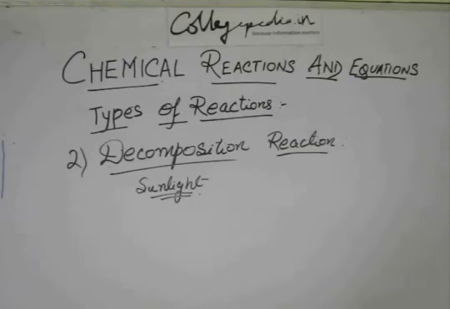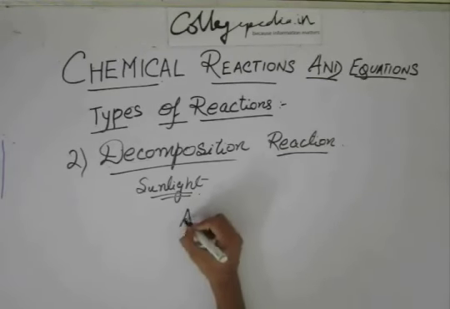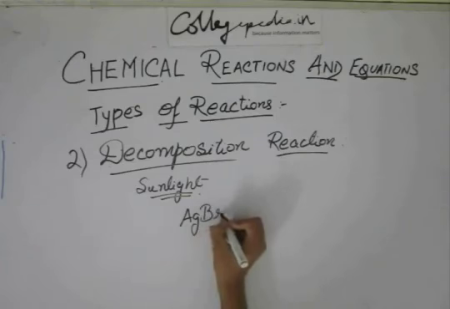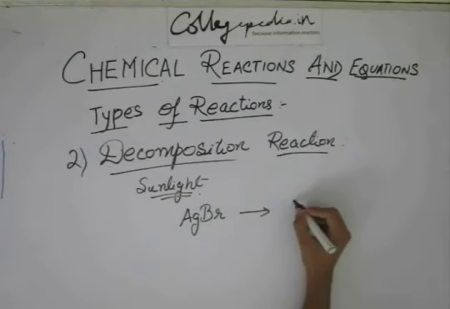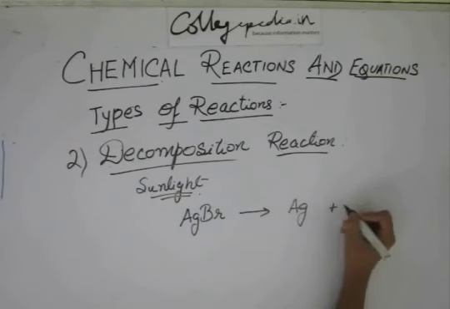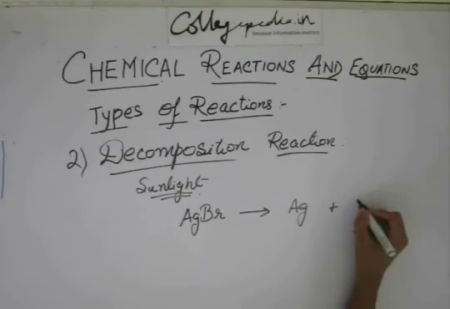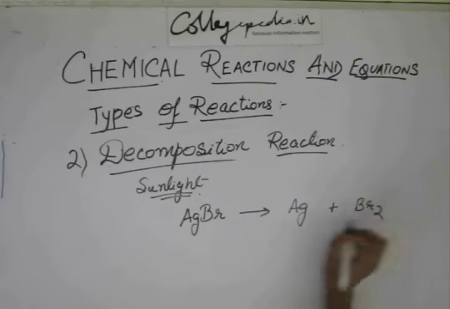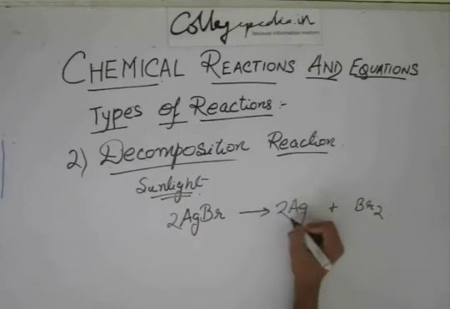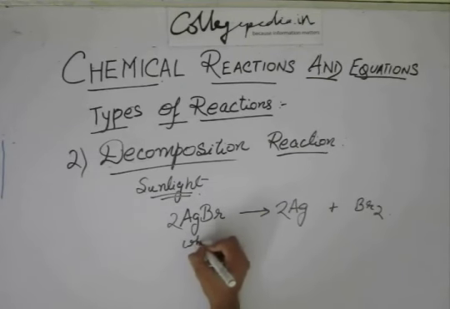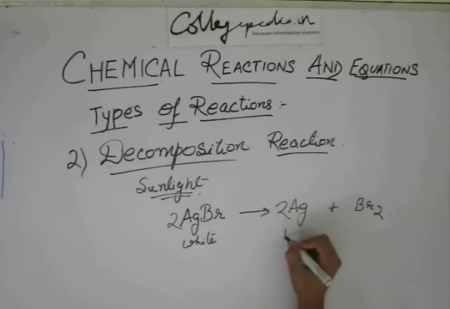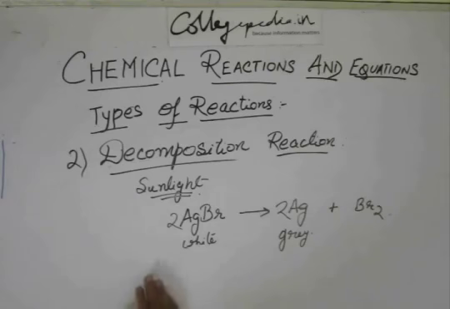You can also have AgBr reacting in the same way. And this is also the same. This is also white turning to gray. This is white, this is gray. So if you are asked white turning to gray, it can either be AgCl or AgBr.